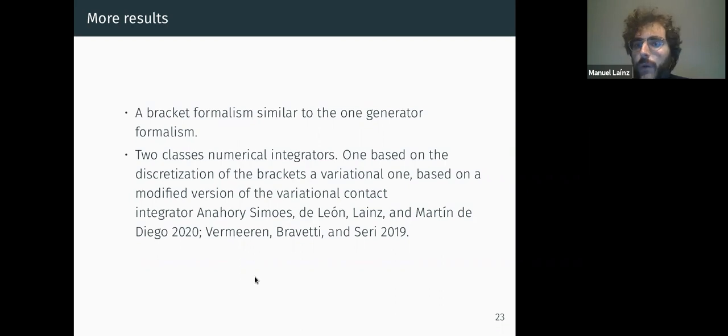And we created two classes of numerical integrators. One based on discrete gradient methods by discretizing this bracket, and another one based on variational methods by adapting a method which was used to integrate the Lagrangian vector field through the Herglotz principle.